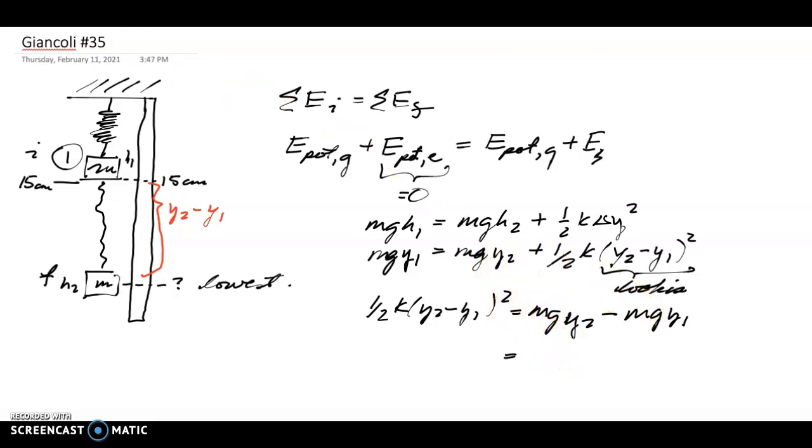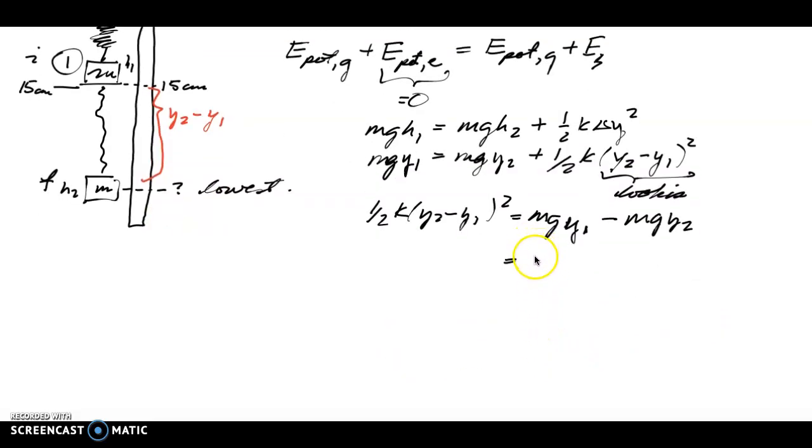No, sorry. If I did that, I have to switch this around. This would be my 1 minus my 2. This then is going to pull out my mg, because it's the same in both. So I have mg (y1 minus y2), and this is still my 1/2 k (y2 minus y1) squared.